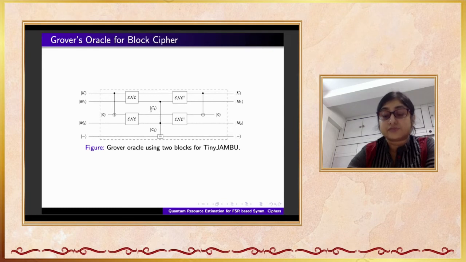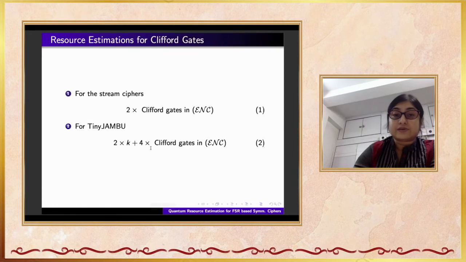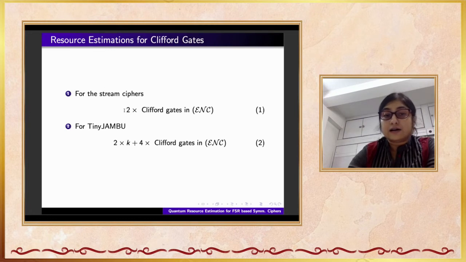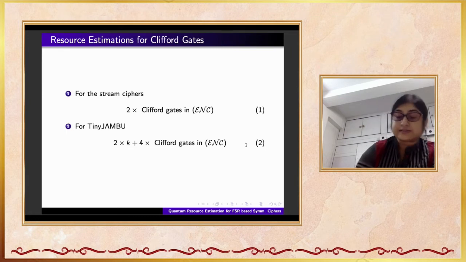So 4 blocks are used here, that is why this 4 comes. And why this 2k? Because we are considering 2 blocks for the cipher, that is why this 2k comes. So this is the number of Clifford gates for the stream cipher, and this is for the block cipher, here TinyJumbo.